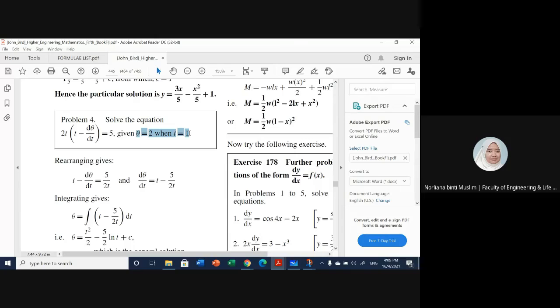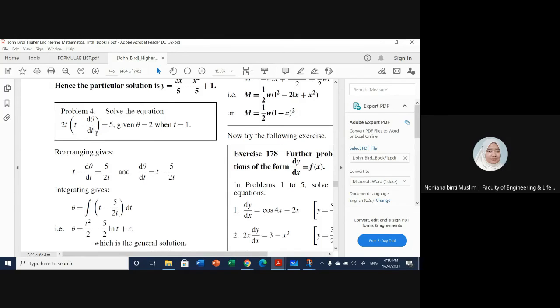And there is a boundary condition given. If you can see here, the form of the derivative is not dy dx. It is d theta dt. So you have to use that symbol. Don't change to dy dx. Use the symbols d theta and dt.